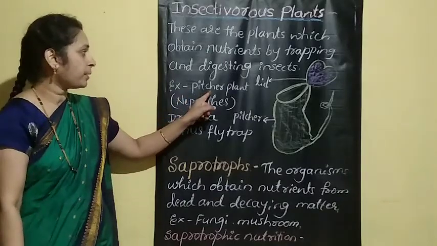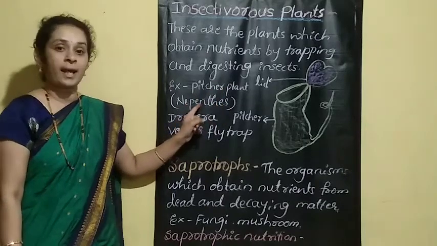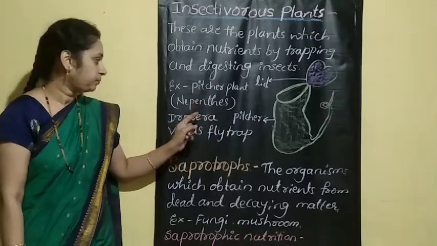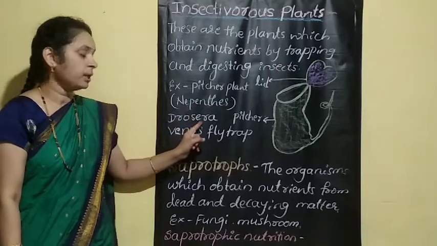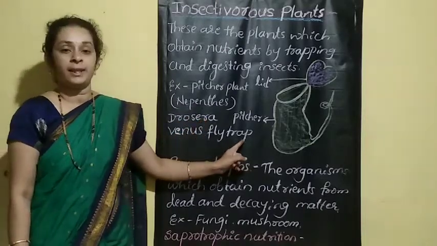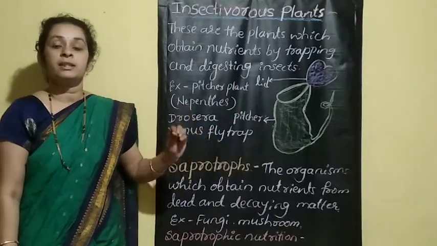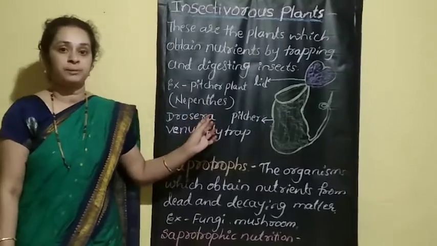A very good example is the pitcher plant, which is also called Nepenthes. Another example is Drosera. The next example is Venus flytrap. These are the important examples for insectivorous plants.